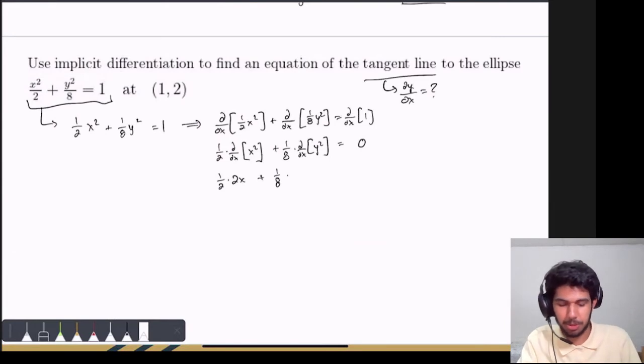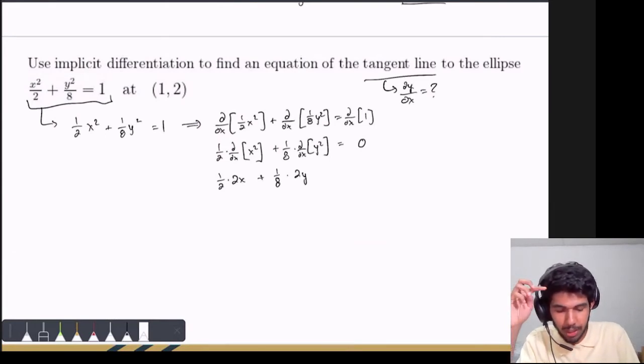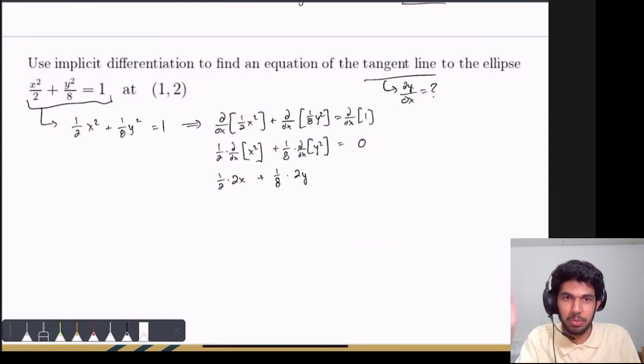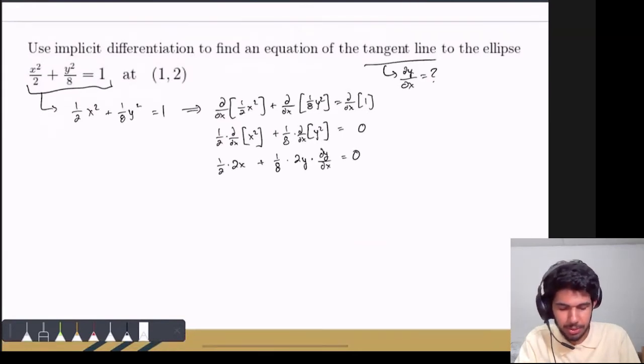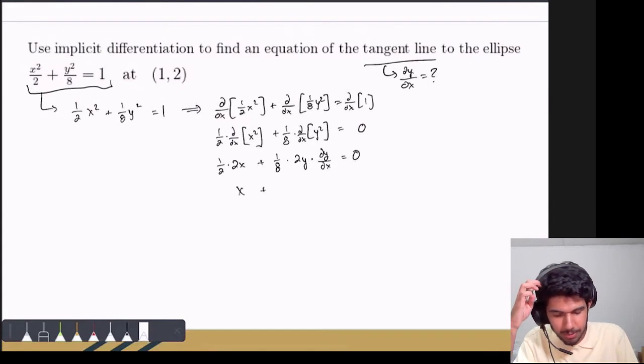So we do power rule. 2y, and we reduce the power by 1, so that becomes 2 minus 1, which is 1. And then we have to destuff it. So we have to multiply by the inside, the derivative of the inside. So the derivative of y with respect to x is dy dx. That equals 0. So we simplify this a little bit, and we get this.